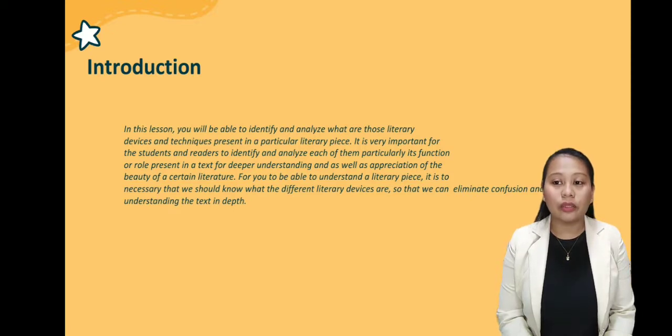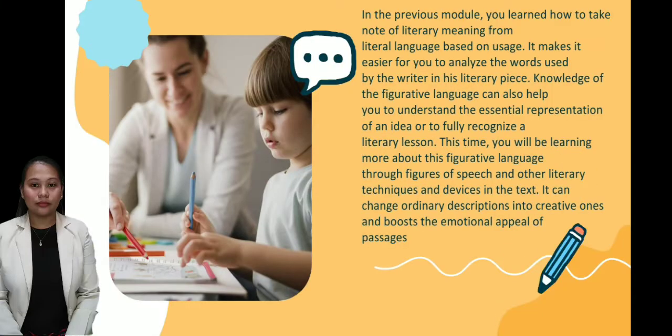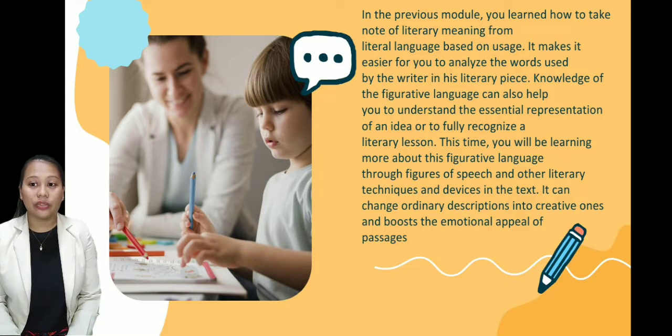For us to be able to understand a literary piece, it is necessary that we know what the different literary devices are, so that we can eliminate confusion and struggle in understanding a text in depth. In the previous module, we learned how to take note of literary meaning from the literal language based on usage.